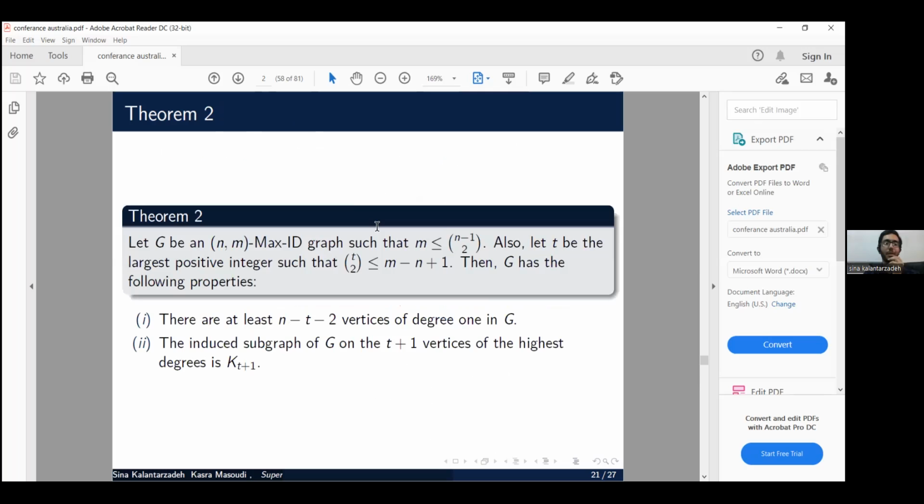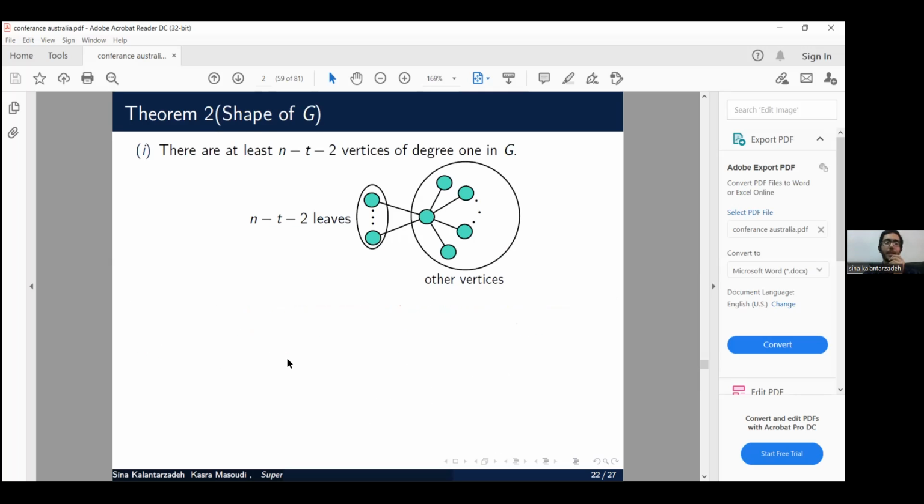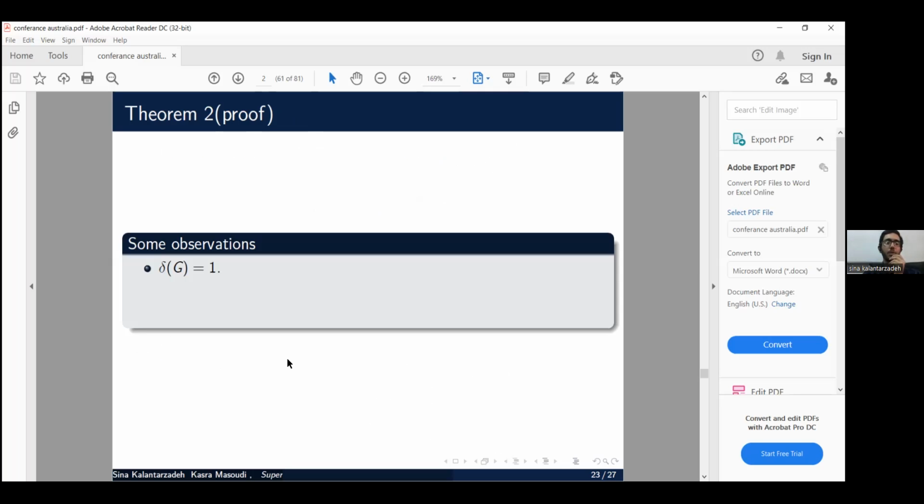All right, so I want to talk about the proof of this a little bit. Before proving that, we have some observations. The first one is that the minimum degree of G is equal to 1. We assume that G has L vertices of degree 1, denoted as V1 to VL.